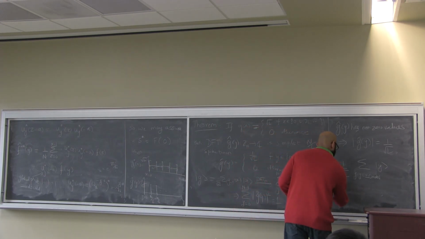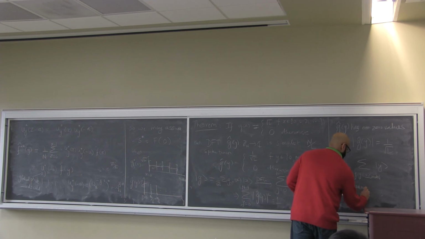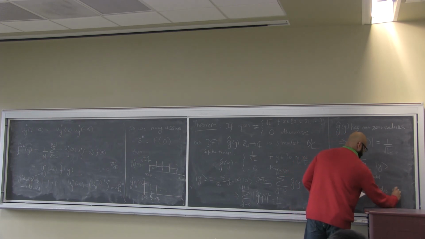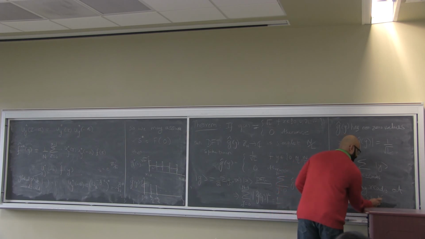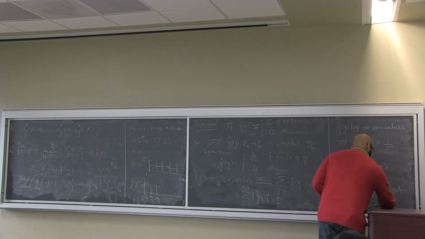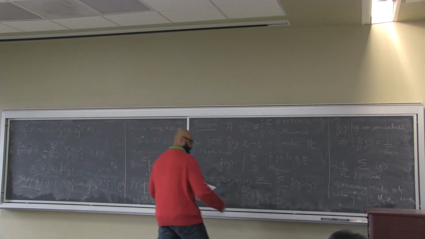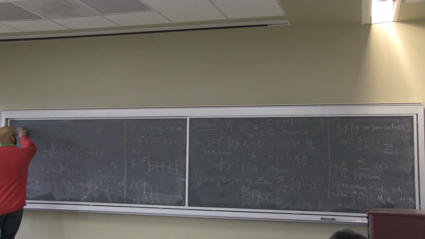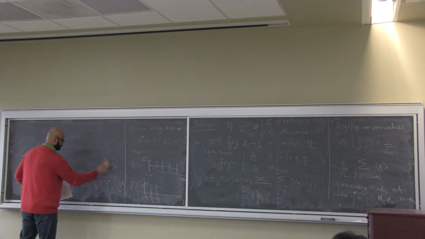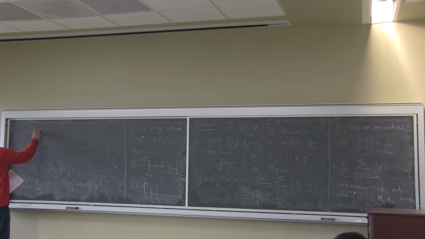So let's say this implies that measuring reads out some random y star belonging to 0, m, 2m, etc., up to n minus m, where m is of the form n divided by L. Okay?